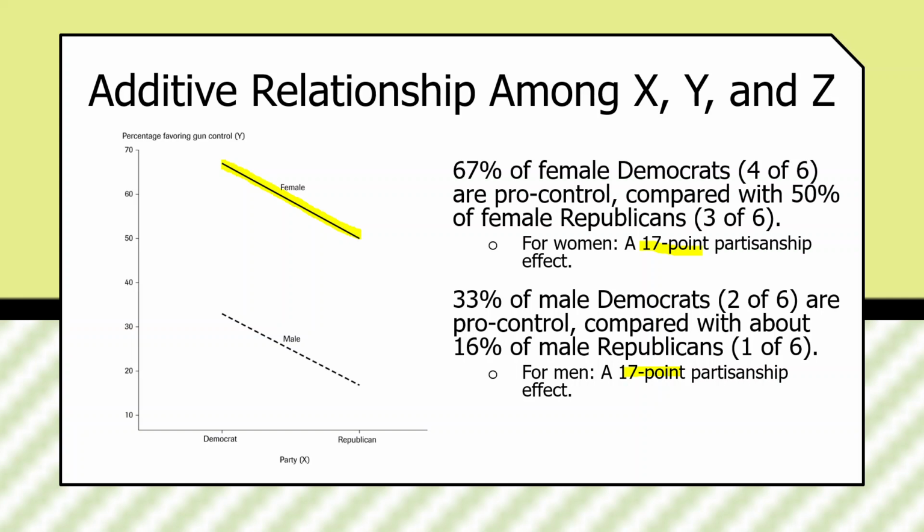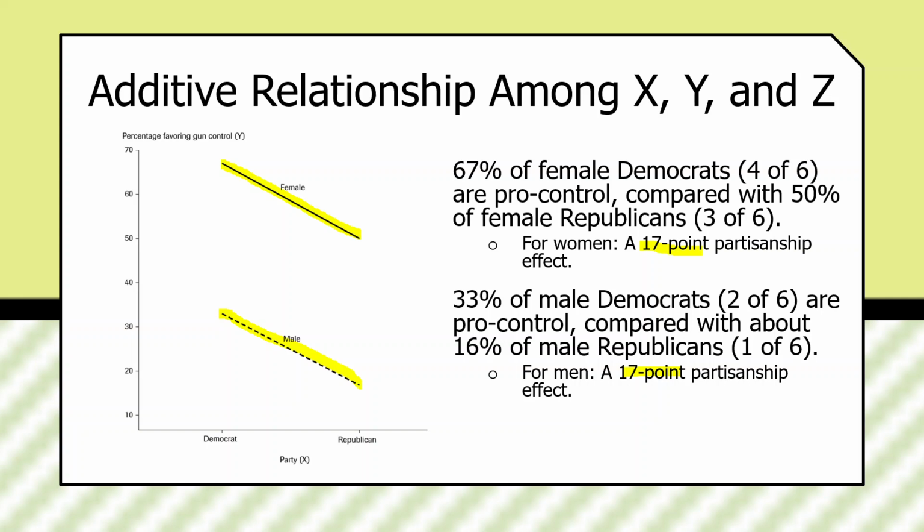Then down here, we see the same strength of the effect, about a 17-point drop for males as you read along the line from Democrat to Republican. The distance between the lines is the effect of Z on Y. You can see this large gender gap for Democrats and an equally large gender gap for Republicans.